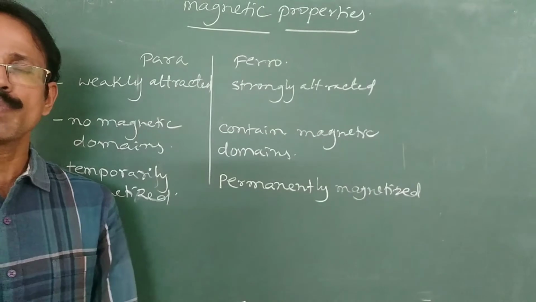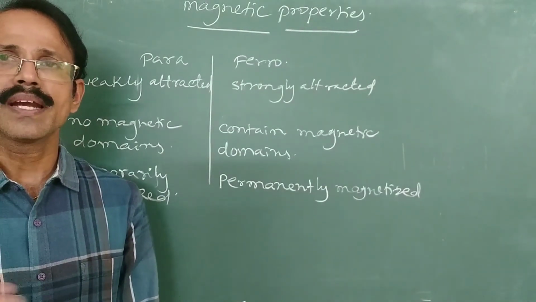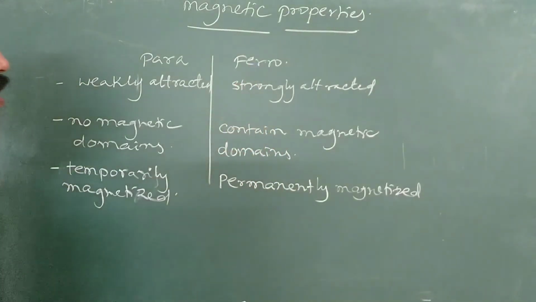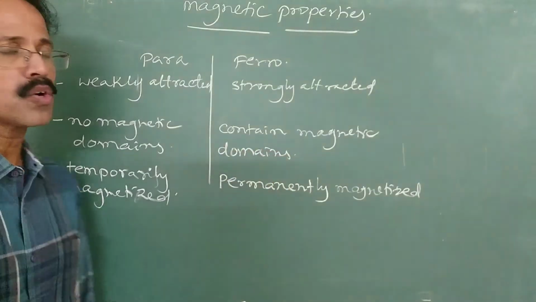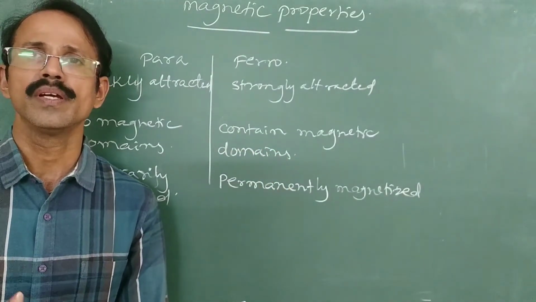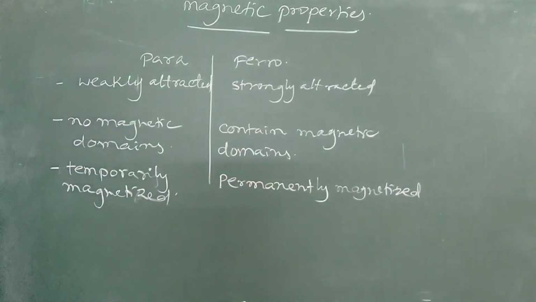Grouping of electrons with single direction alignment will not be there, whereas ferromagnetic substances contain magnetic domains, a group of electrons aligned in a single direction, and this is known as a magnetic domain.